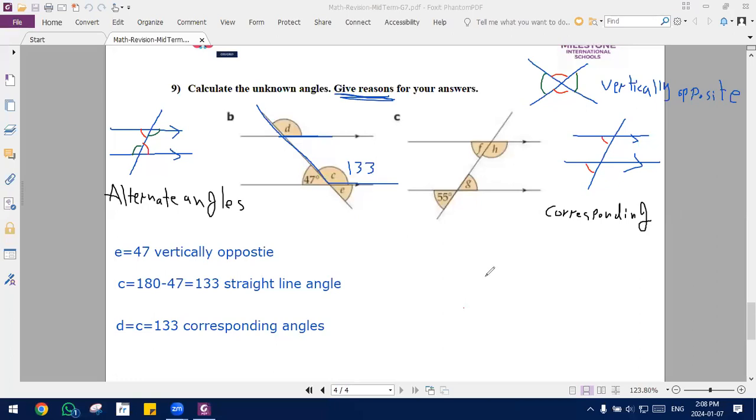Okay, now on the right side, part C. We have this is 55, then this is G. So again, the same thing. We can say that they are vertically opposite. So we say that G is equal to 55. Why? Because they are vertically opposite.